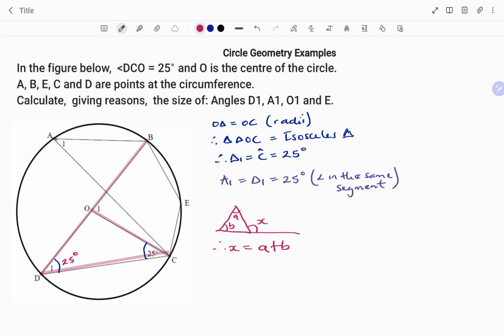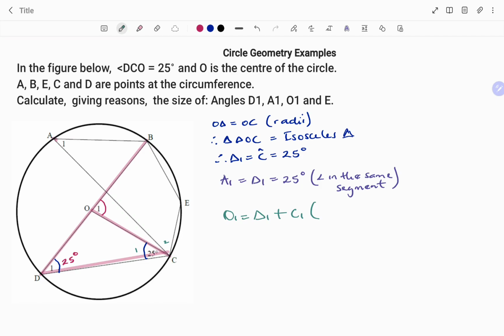In this case, my O1, as shown, is my external angle, and therefore is equal to the sum of the two interior angles, D1 and C, which is 25. Therefore, my O1 equals D1 plus, I'm going to tag my C, this is C1, this is C2, C1.